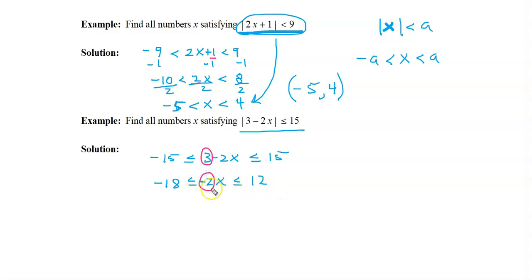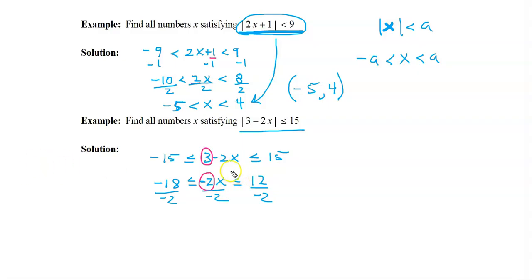So what we're going to do is divide everything by -2, which is the same as multiplying by -1/2. Now if you multiply or divide by a negative number, remember by the rules of inequalities you must flip your inequality when you do that. So when we divide everything by -2, we must flip these inequalities.